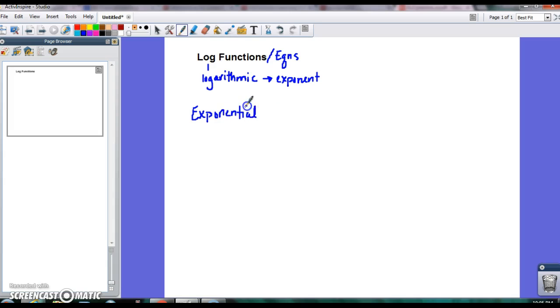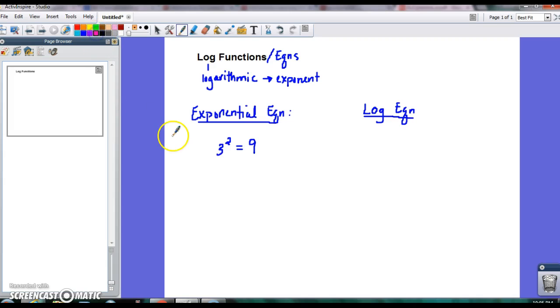Let's say, for example, I have the equation 3 squared is equal to 9. It's my exponential equation. Over here, I have log equations. And I'll show you how they relate in a second.